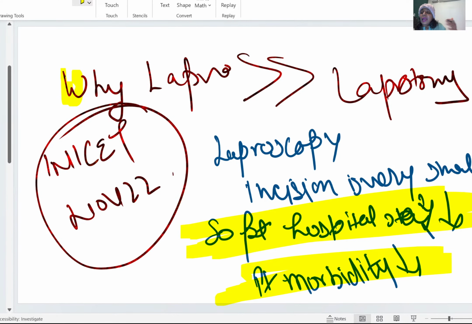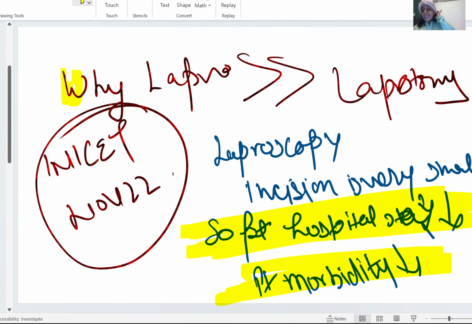Yes beta, of course, adhesions are formed in laparoscopy also. Okay, see, if I am doing Wertheim's hysterectomy by laparotomy, then the patient will get discharged from hospital after 10 days. If I am doing Wertheim's hysterectomy by laparoscopy, then the patient will get discharged the very next day.